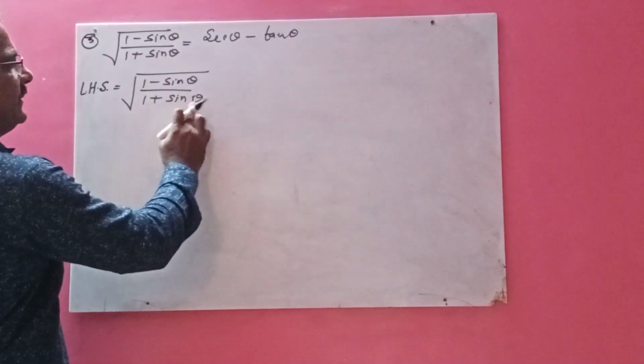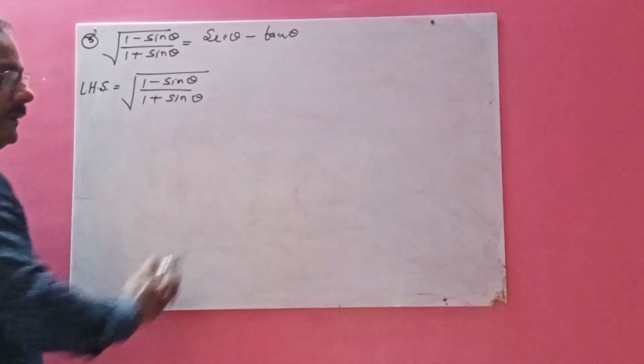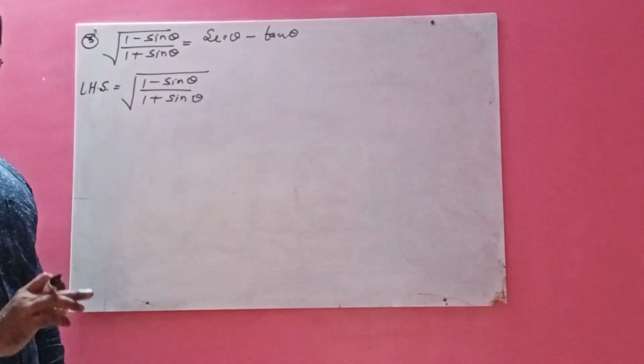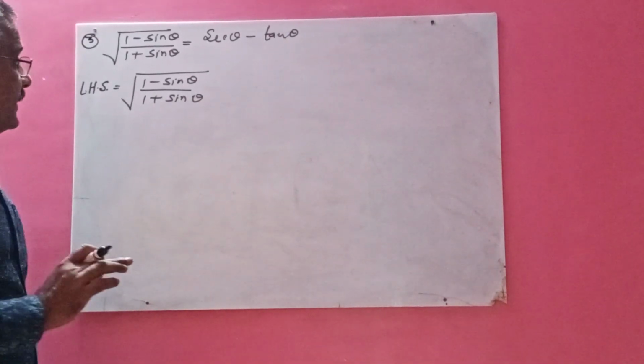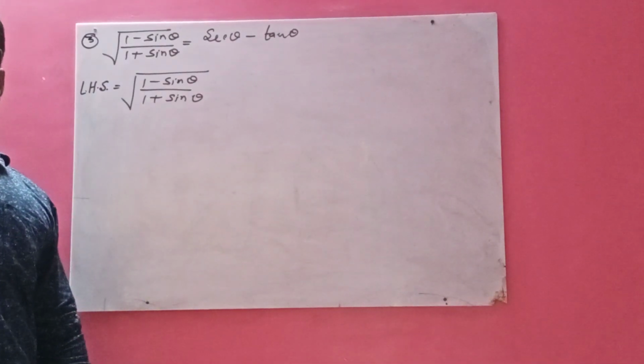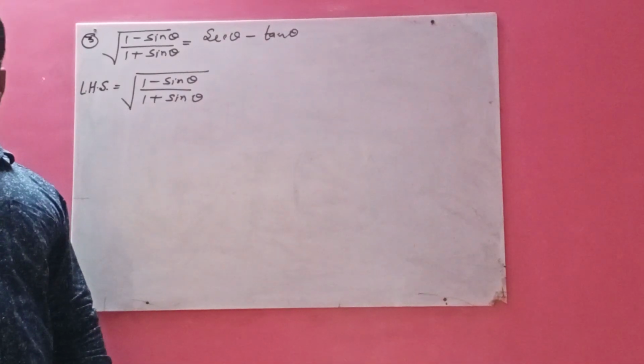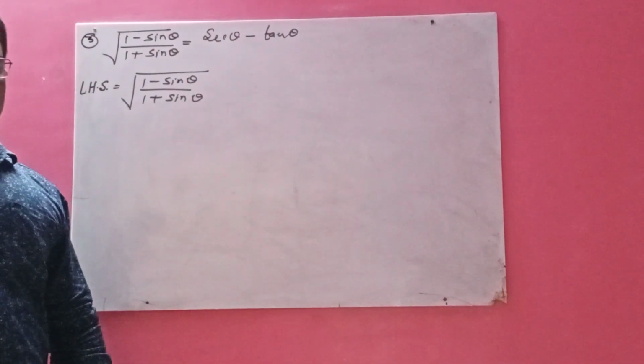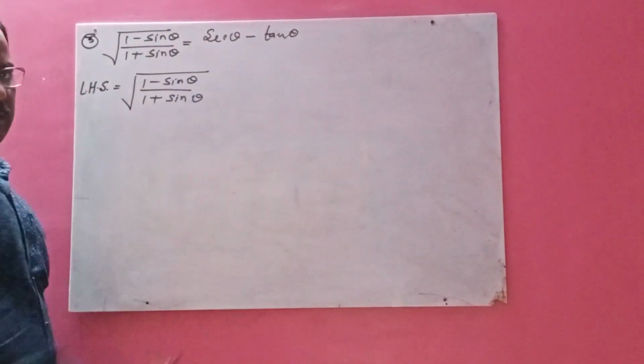1 plus sine theta, 1 minus sine theta becomes 1 square minus sine square, and 1 square minus sine square means 1 minus sine square, which is equal to cos square, right? And 1 upon cos you will get sec theta. This is the idea.